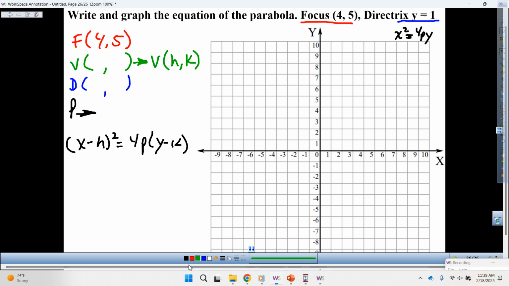All right, let's graph. Y equals 1, right there. Sketch a line straight through that point. Focus is at 4, 5.